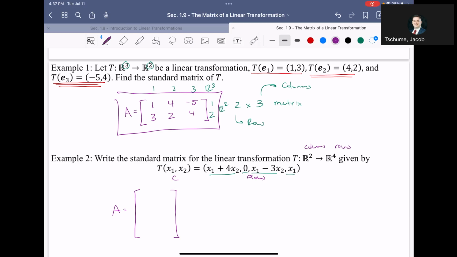That would be 1, 4. Since the second element is just the number 0, that means both of your elements need to be 0. Your third row is x1 minus 3x2, so that would be 1, negative 3. And then since your fourth element is just x1, that would be 1, 0. And that is the second way that we can express our standard matrix from a linear transformation.